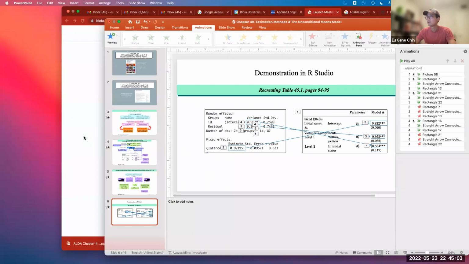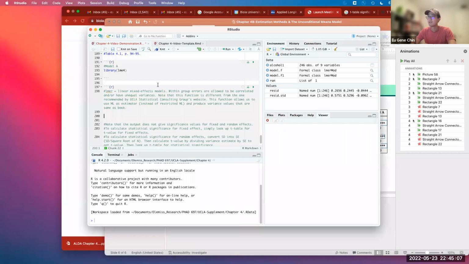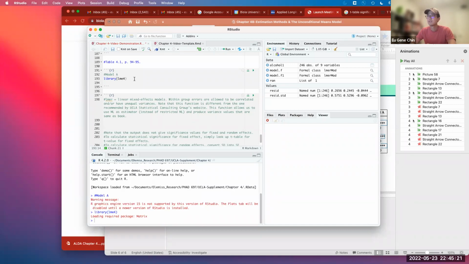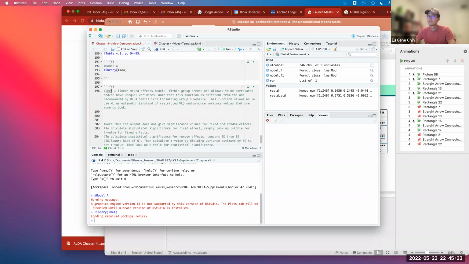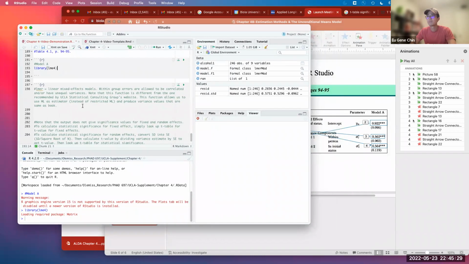So let's get out of PowerPoint and go to RStudio. The first thing you want to do is install the package lme4 and load it into your library, because we're going to be using the lmer function to fit the model here.